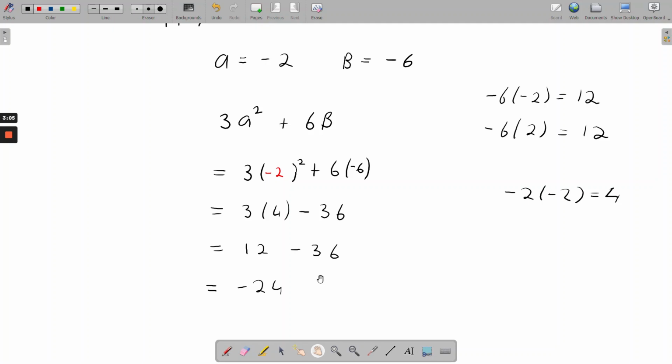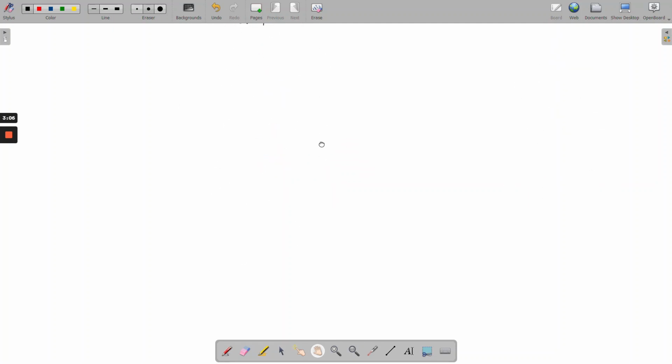So we'll just try one more example just like this. This time we'll try x's and y's. So we'll say x is equal to minus 4 and y is equal to 3. And in this case our expression is going to be 3x squared plus 6.